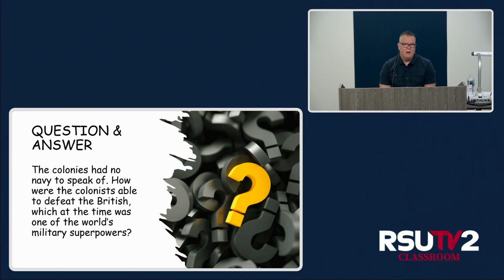But there were many others that were Enlightenment figures. People like Edmund Burke were sympathetic to the colonial cause. He was an Irish member of Parliament. He was really English, but he represented an Irish district.